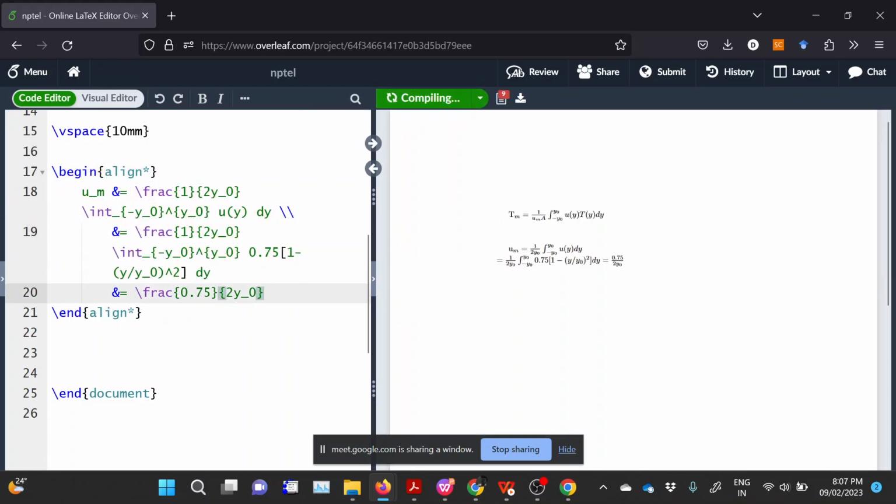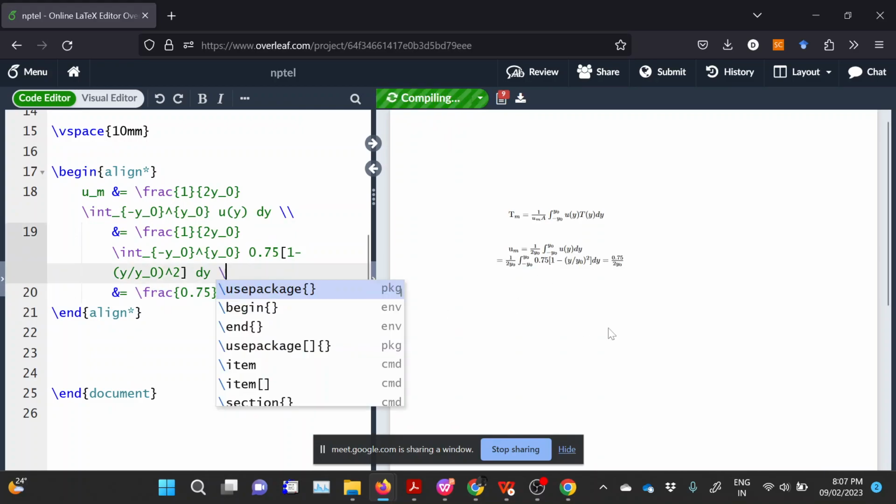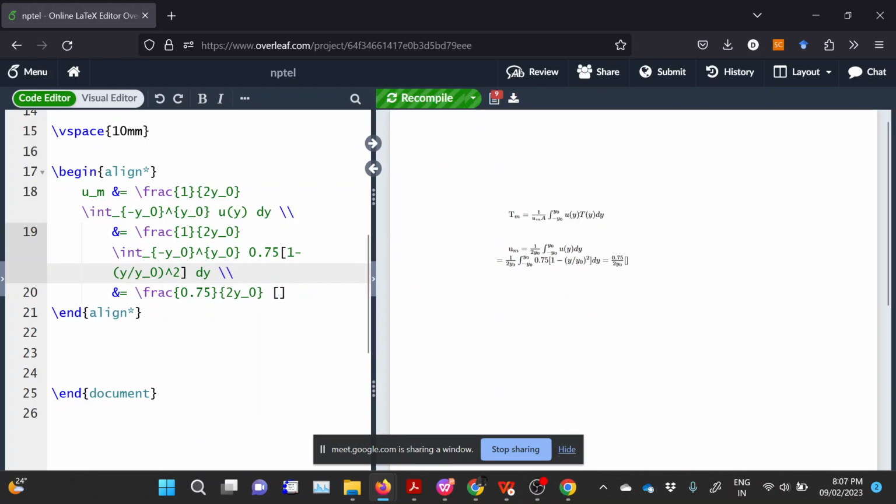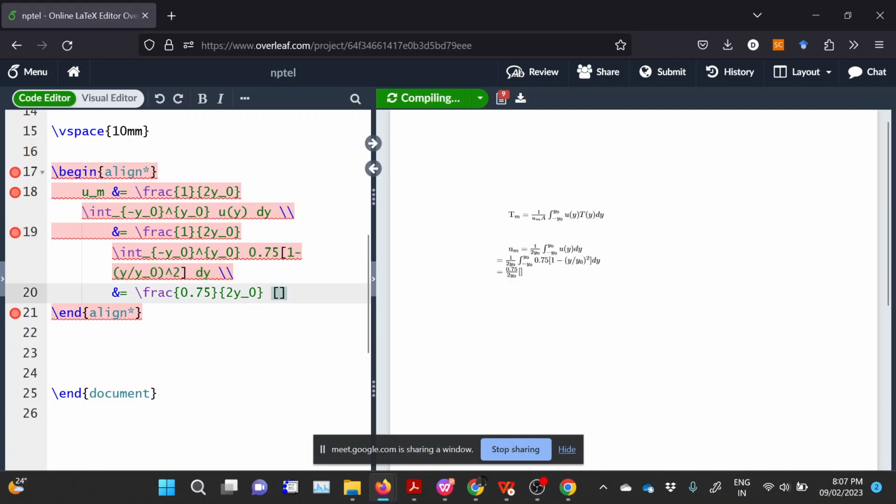Then if we perform the actual integration, the first term 1 would become y, and y would go from y naught to minus y naught, so that will give us 2y naught, and minus this thing, this is y, this will become y cubed by 3.